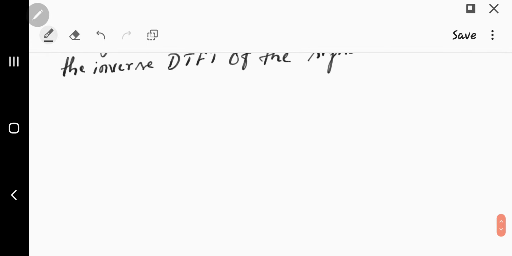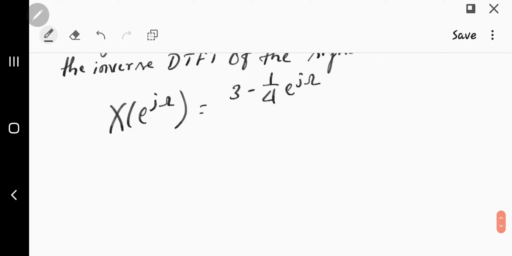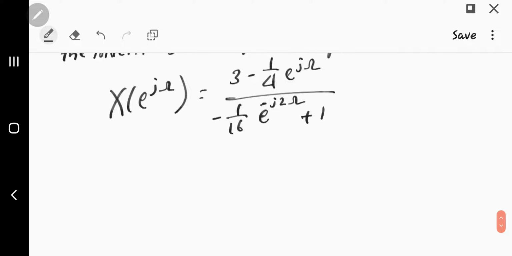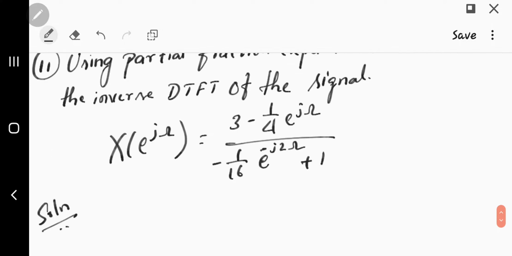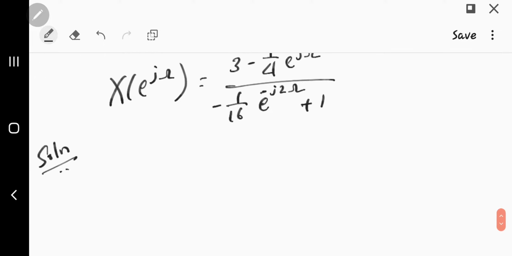So x of e power j omega is equal to 3 minus 1 by 4 e power minus j omega divided by minus 1 by 16 e power minus j 2 omega plus 1. So this is the problem. We have to find x of n by using partial fraction expansion here. That is the inverse DTFT we have to perform using partial fraction.